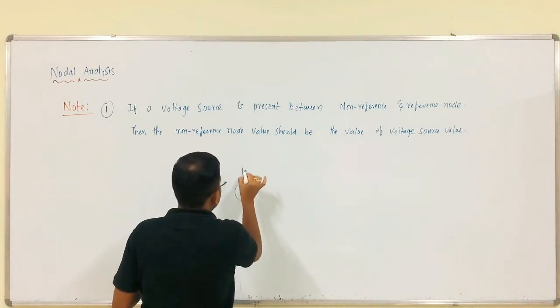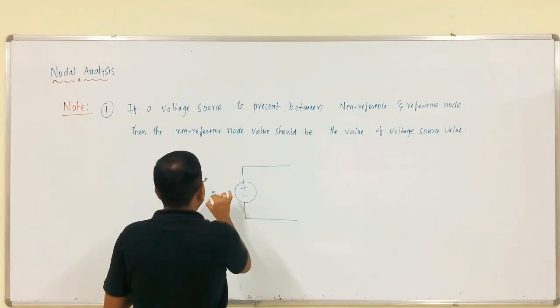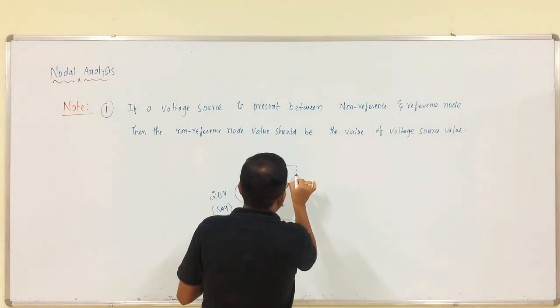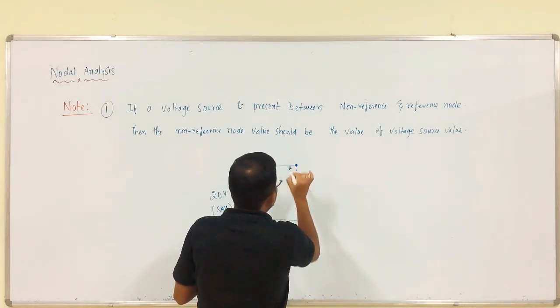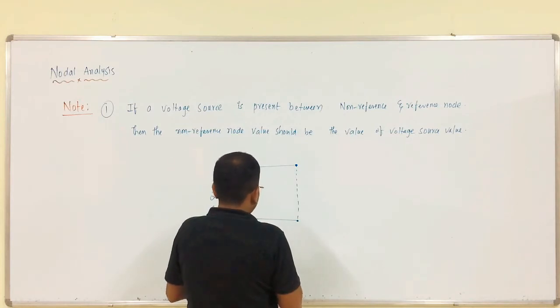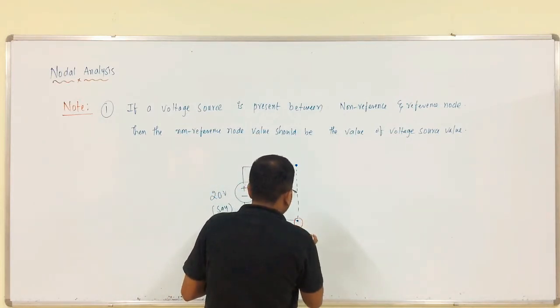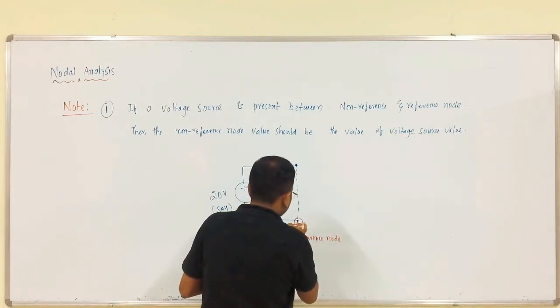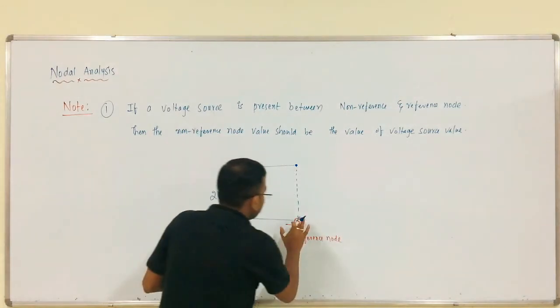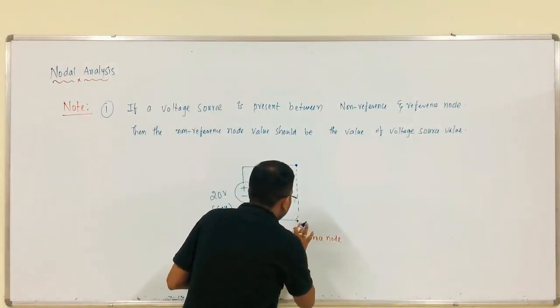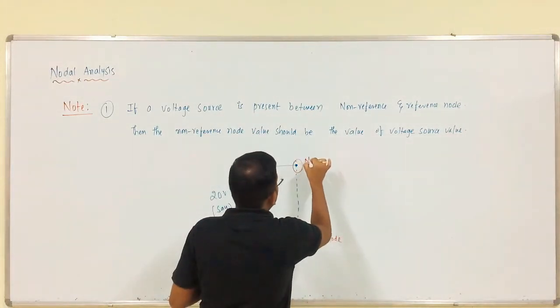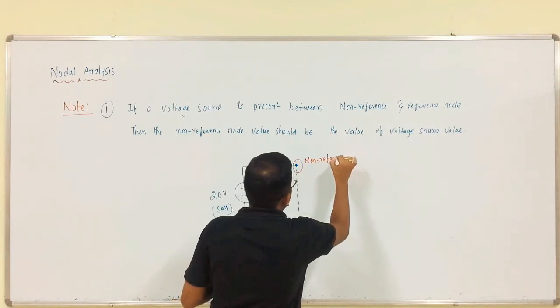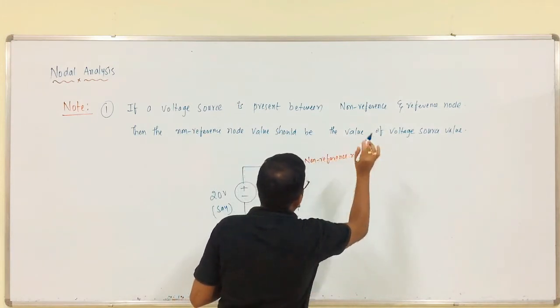plus or minus, say, this is 20 volts. This is the node, this is the reference node, that is the ground node. This is the reference node, this is the non-reference node.